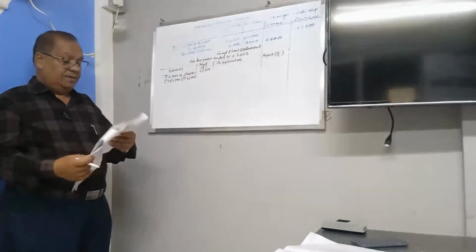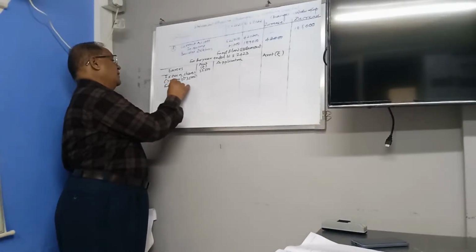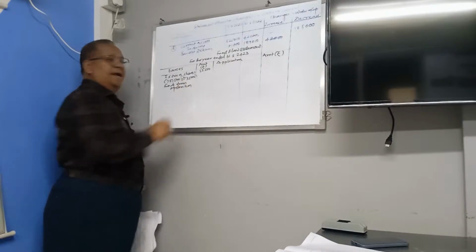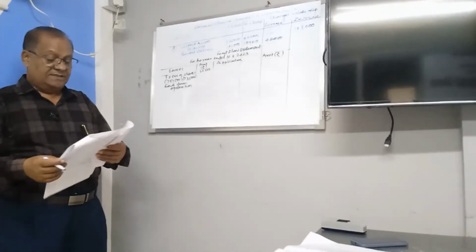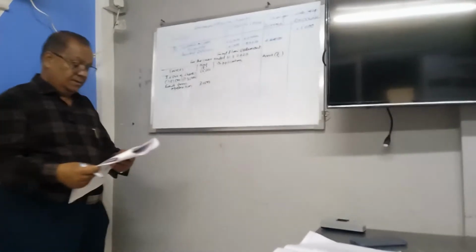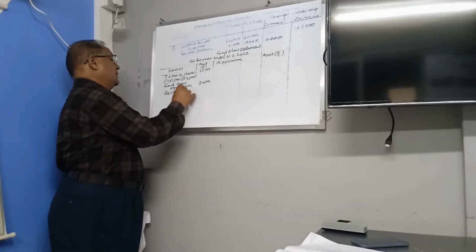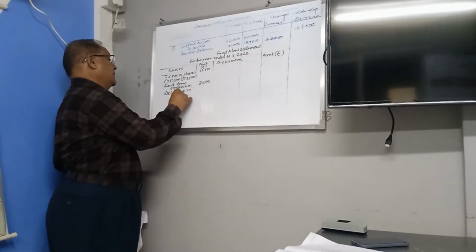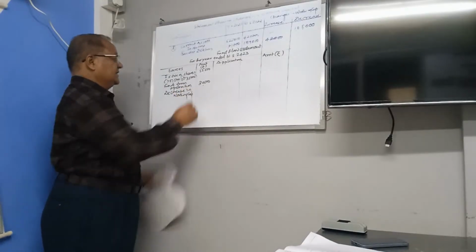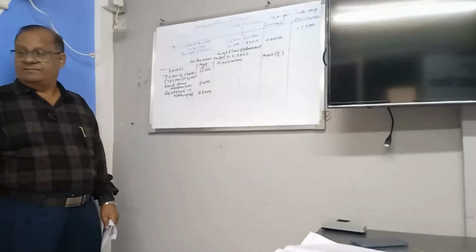52,500 issue. Then funds from operation, you have to take by adjusted profit and loss account. That fund is 30,500. Then decrease in working capital, from the first statement, is given to you as 63,000.